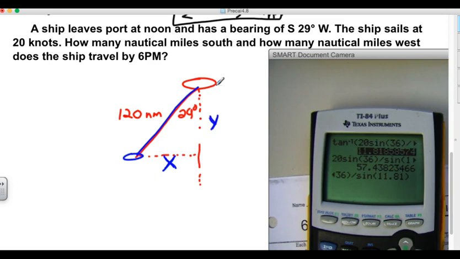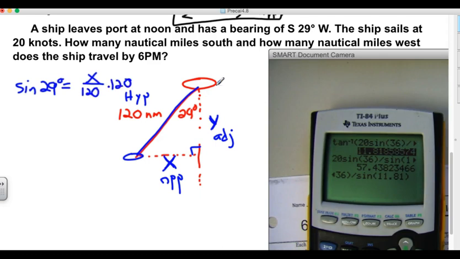So we can do that very easily using trig functions. 29 degrees, if we want to find x, x is the opposite. Of course, y is adjacent, and this is our 90-degree angle, so 120 is the hypotenuse. So we can use sine to find x. The sine of 29 is going to equal x over 120. Just multiply by 120, multiply by 120.